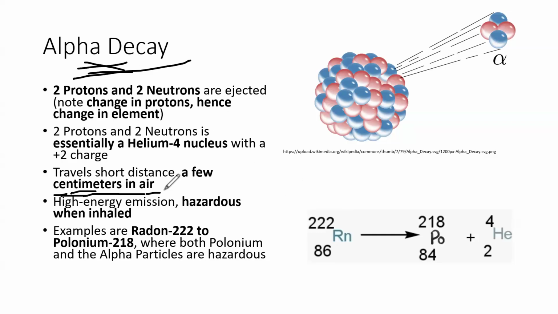However, for alpha decay, the alpha particle can only travel a short distance, like a few centimeters in the air. That simply means it's physically almost impossible to capture alpha decay using an airborne geophysical method.